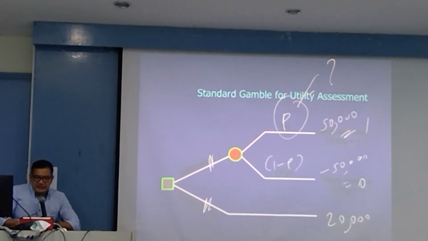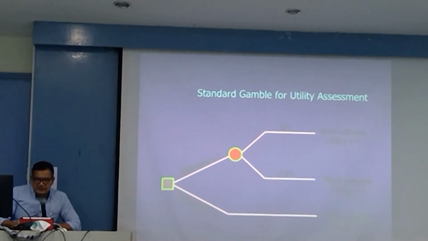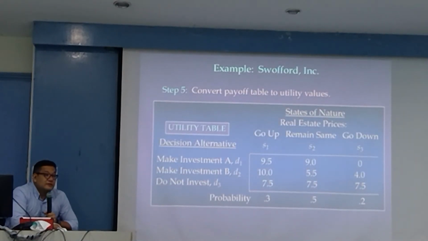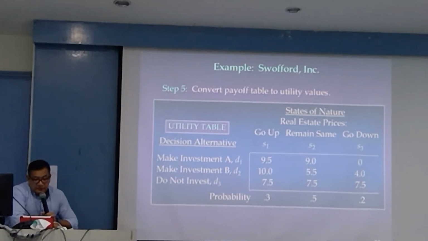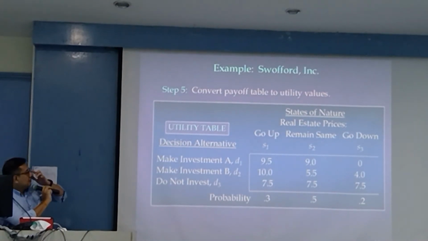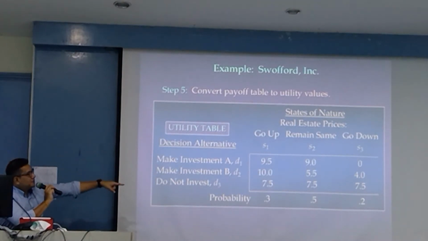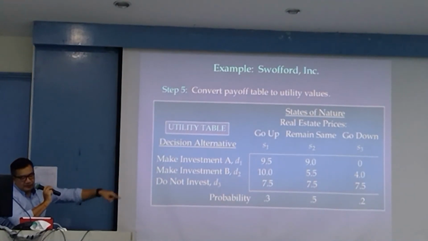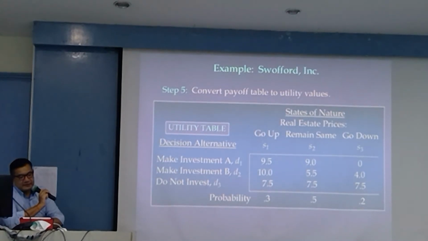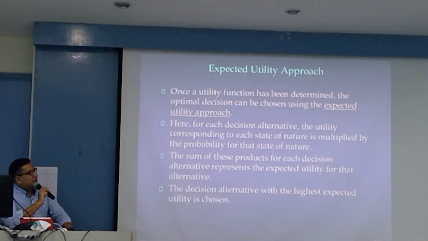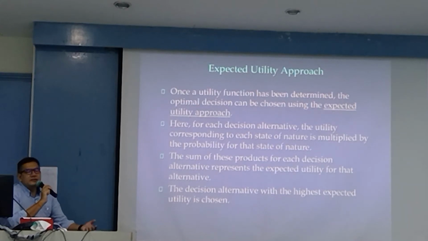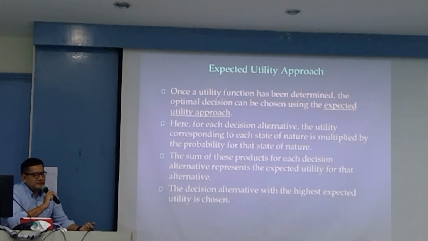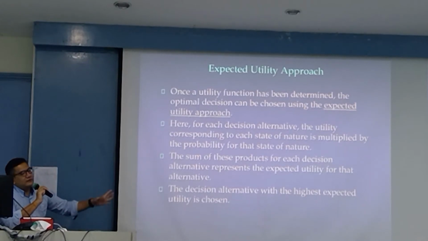Okay, so this is very subjective. It depends on you, which means that it depends on your utility function. So if I convert all the monetary values using this concept to utility values, you're going to have the values in the table just like this, and then we can apply the concept of expected utility value, by using the probability for each outcome or state, multiplying with that utility value and summing up together for each alternative.